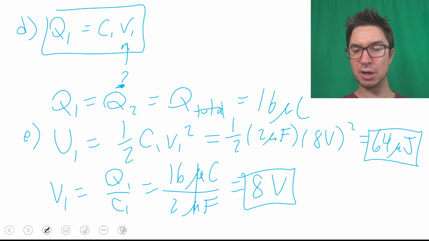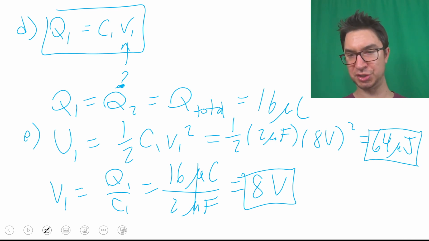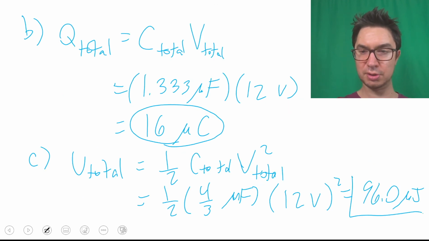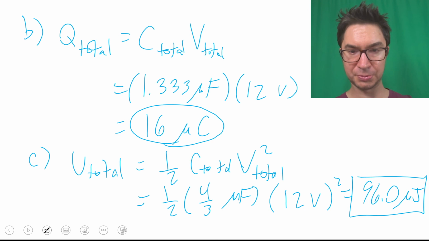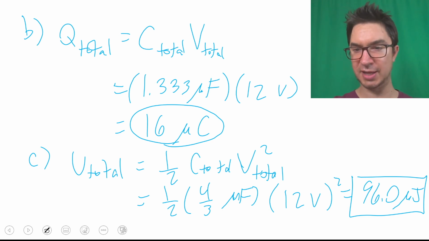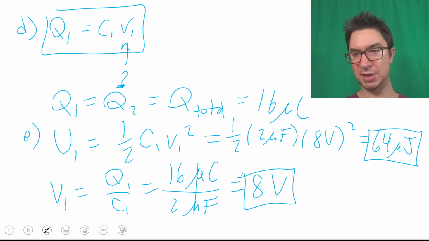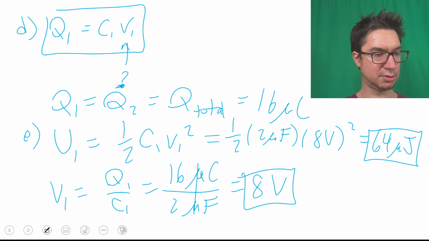So is it plausible that this capacitor would store 64 microjoules of energy? If we go back to the total energy stored, yes, it is plausible. If our total energy was 96 microjoules, it is plausible that that capacitor would have stored a fraction of the total, or 64 microjoules.